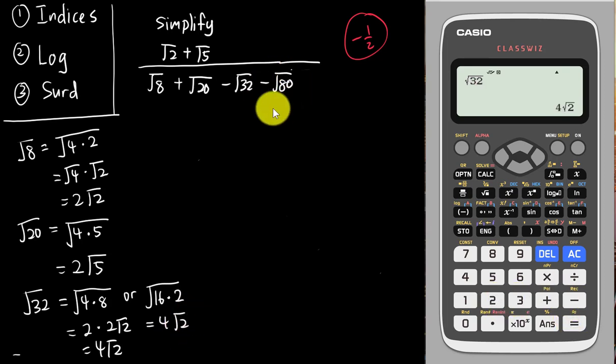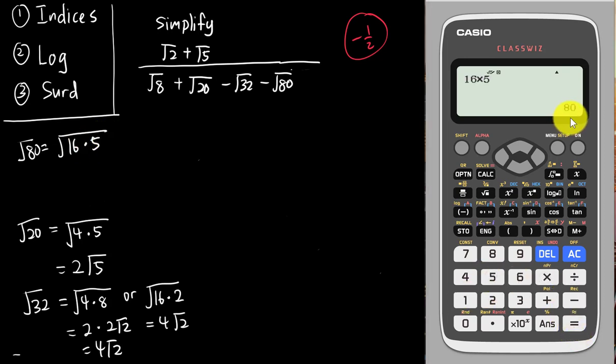The last one, let's say we have surd 80. For 80 here, I know 80 can be divided by 16, because 80 is basically 16 multiplied by 5. If you type 16 multiplied by 5, you get 80.